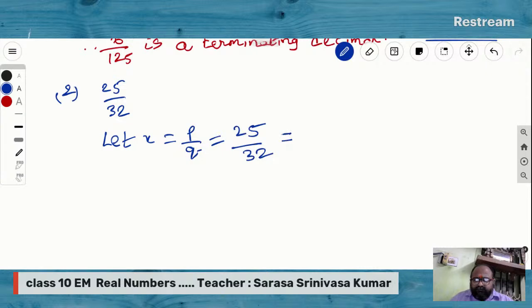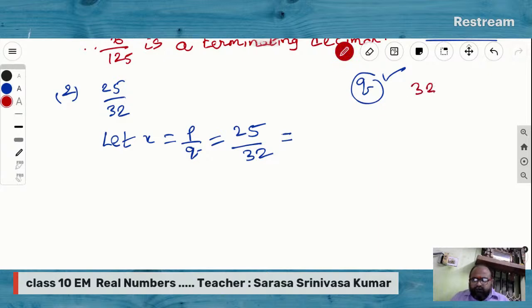We consider only q, the denominator only. We are not considering the numerator. Theorem 1.4 and theorem 1.5 are considering only the denominator.